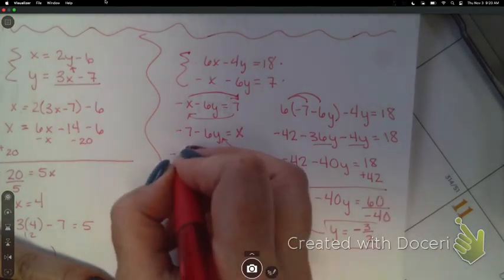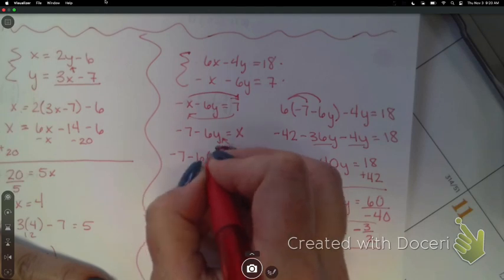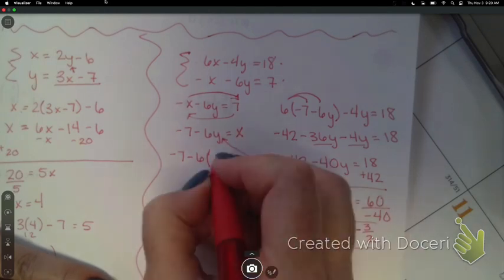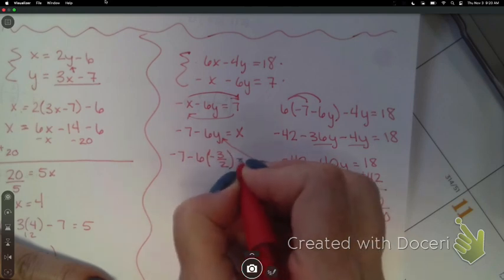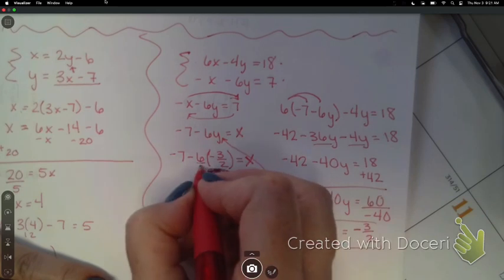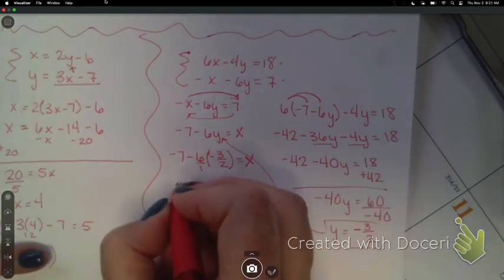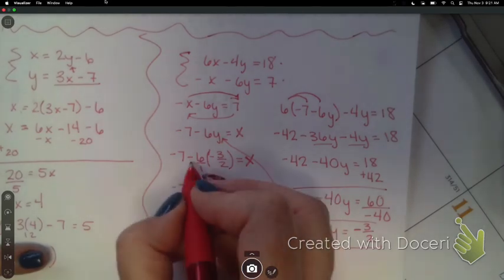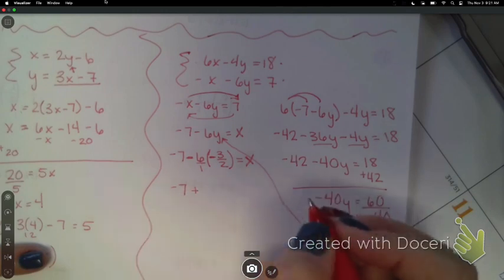So I have negative 7 minus 6 times what? Negative 3 over 2 equals x. Now this is 6 over 1, correct? Okay. So I have negative 7. And a negative times a negative is a positive. 18 over 2.